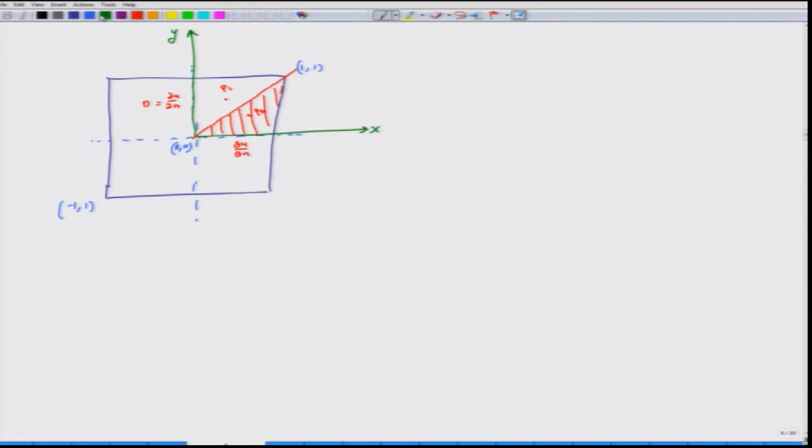So, we will draw this problem again. Again my coordinate system, once I have identified planes of symmetry, it does not change. So, this is x axis, this is y axis, and I will draw my reduced problem.